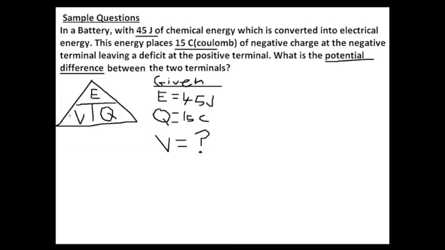So using the triangle, we can cross out V. Now what we see is E divided by Q. We just need to put them in our calculator and we'll get V. So E divided by Q will equal V, and that's what we need to find out, because V equals voltage, which is also potential difference.